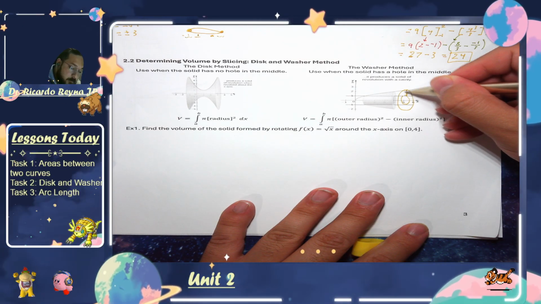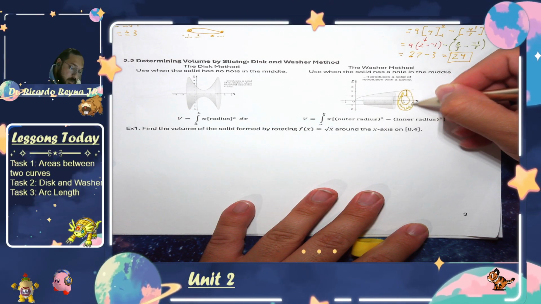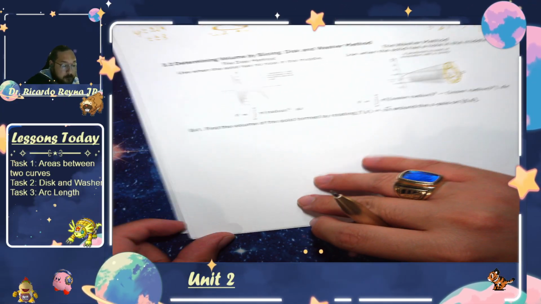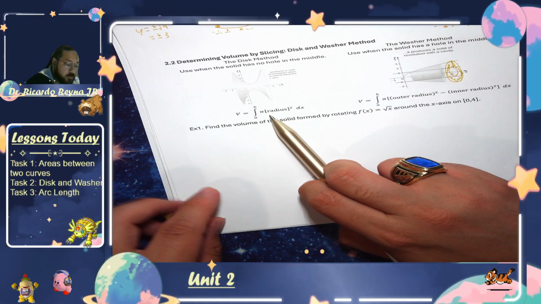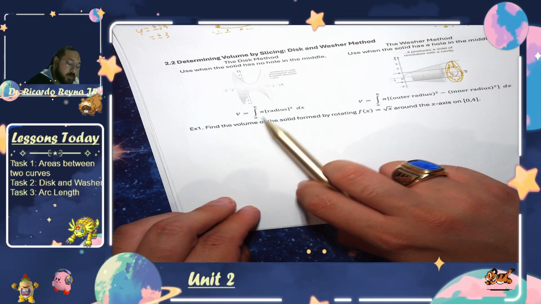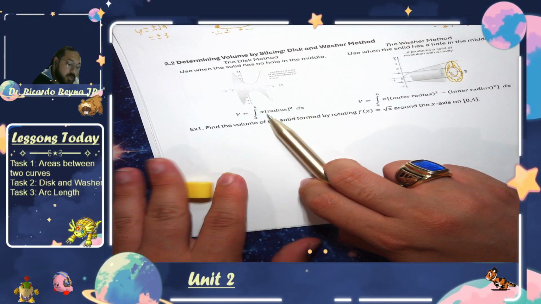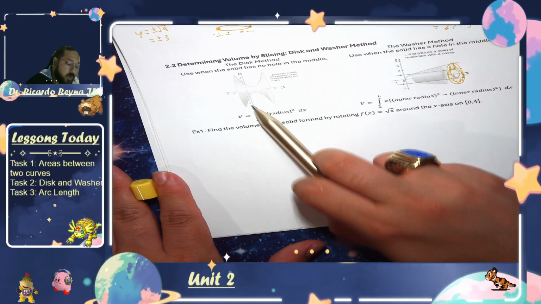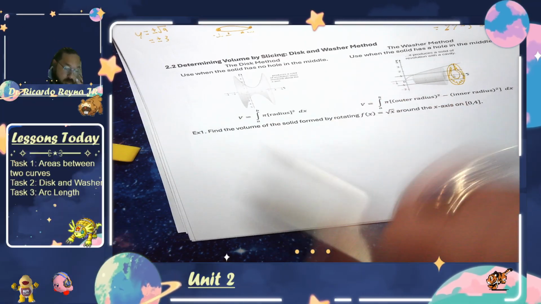And this line is what you're determining the area as. So you're doing the disk. And the disk is defined as pi times the radius function squared from whatever interval you're slicing.